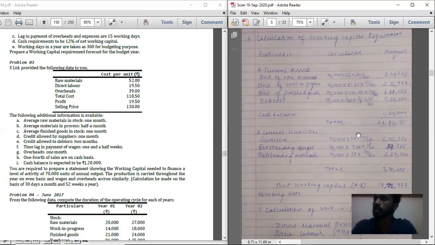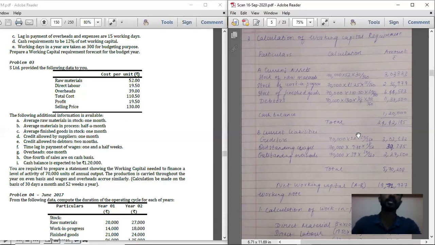In the amount column, put 6,44,583. So stock of finished goods is 6,44,583.